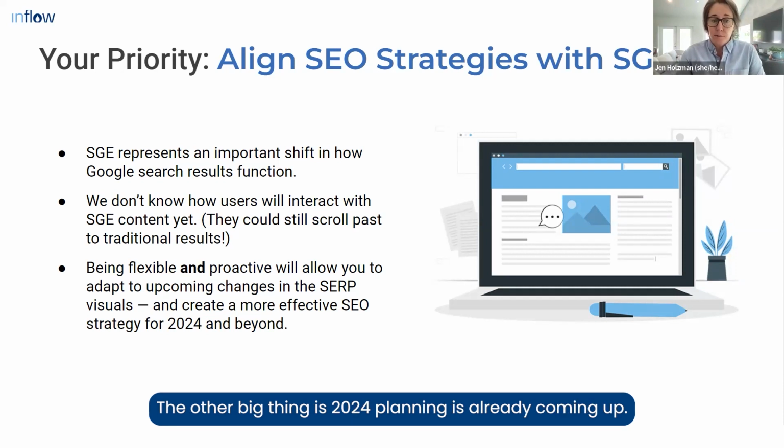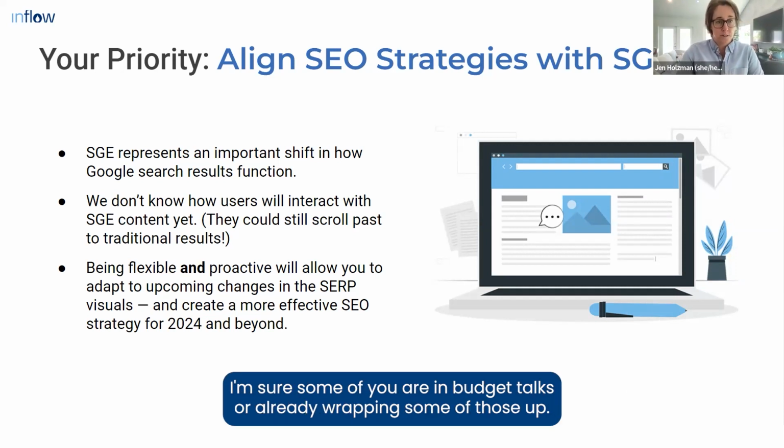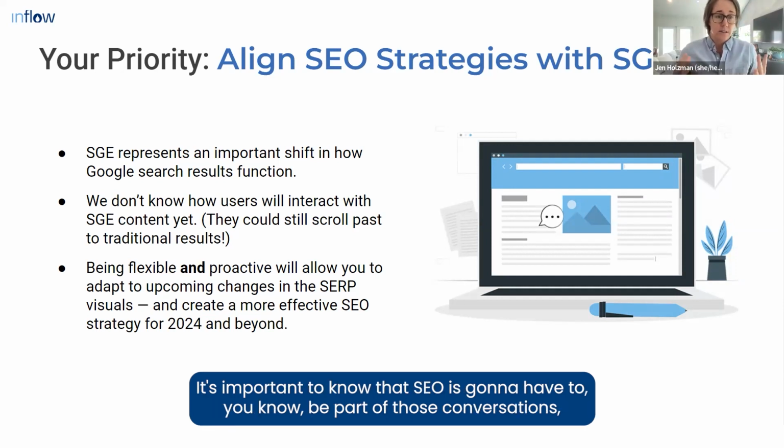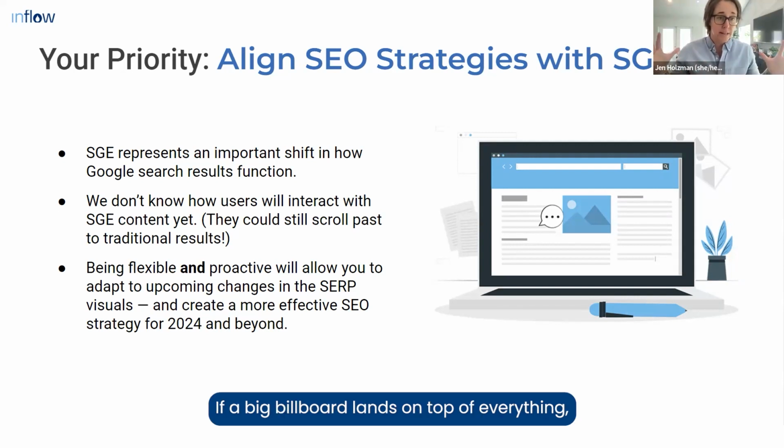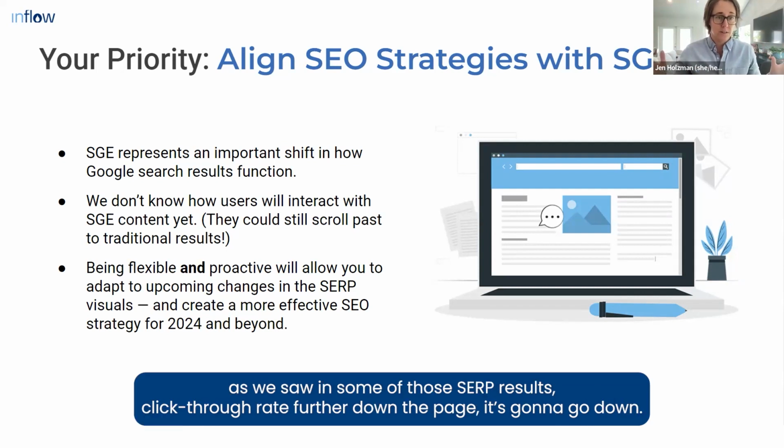The other big thing is 2024 planning is already coming up. I'm sure some of you are in budget talks or already wrapping some of those up. It's important to know that SEO is going to have to be part of those conversations, and that KPIs might need to be flexible moving into 2024. If a big billboard lands on top of everything, as we saw in some of those SERP results, click-through rate further down the page is going to go down.